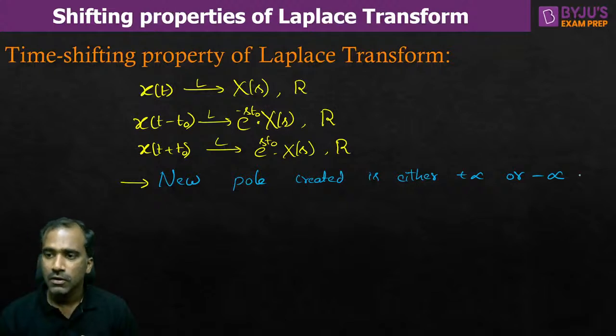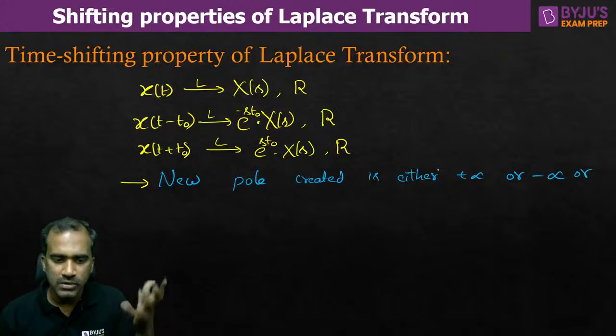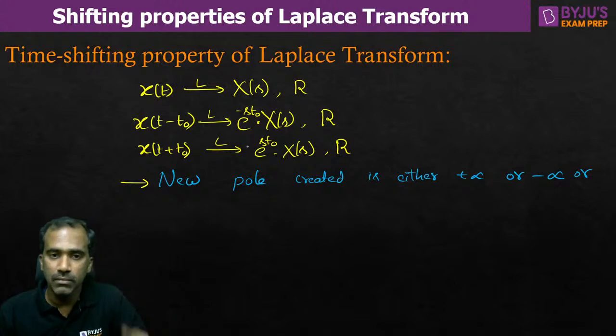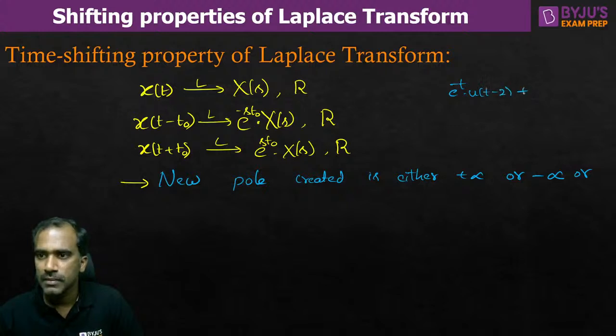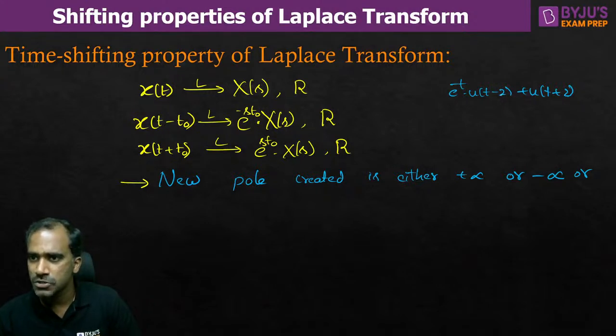Or sometimes, if you have more signals, for example, e power minus t into u of t minus 2 plus u of t plus 2, something like that. Because of this plus 2, infinity is the pole that is created. Because of this minus 2, this time shifting towards the right side, minus infinity is the pole that is created.